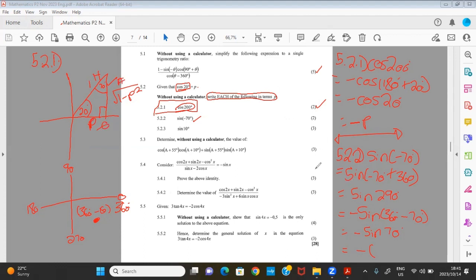So if I'm looking for sine of 70, that's opposite over hypotenuse, which is p over 1. So my final answer will just be negative p.